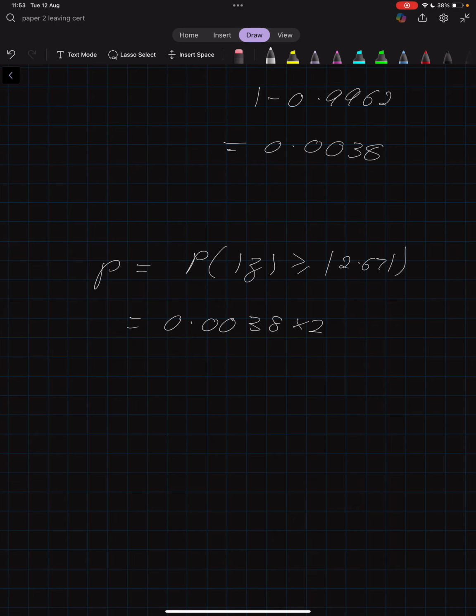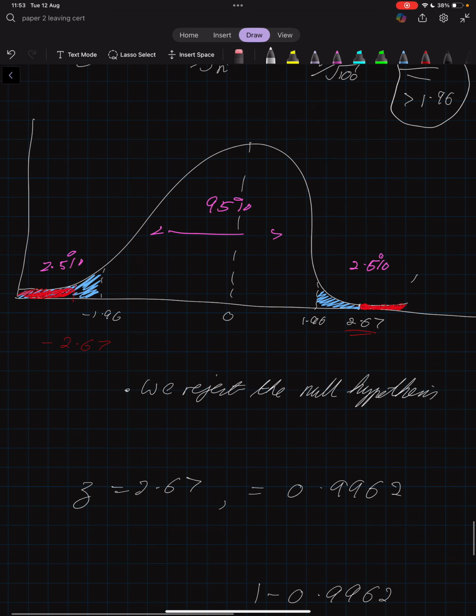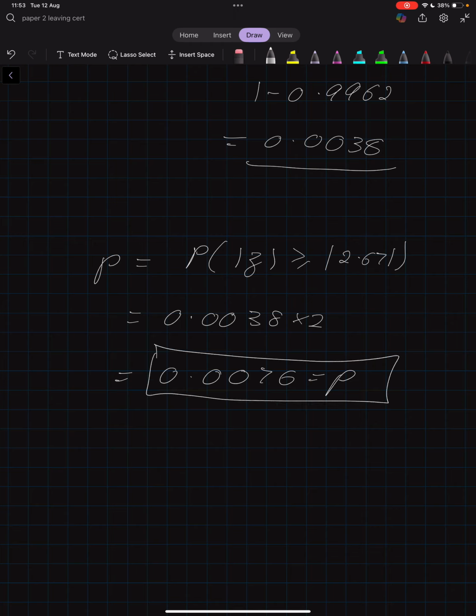You get this value, saying there's a 0.38% chance of being bigger, and therefore there's a 0.38% chance of being smaller as well. So you multiply it by 2 and you get 0.0076. So my p-value is 0.0076. The chance of getting a stronger result than this is basically 0.76%.